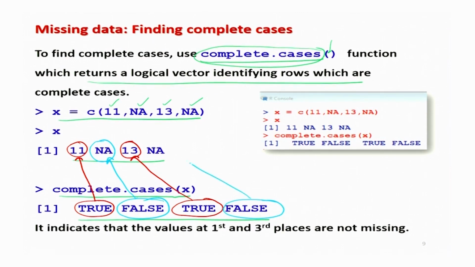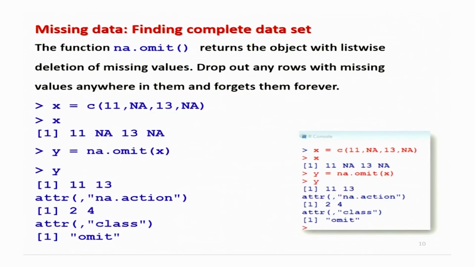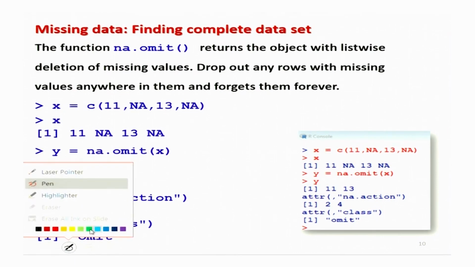This corresponds to the fourth value in the data vector x. So, this is indicating that the values at the first and third position are not missing, but available, and the values at the second and fourth position where the answer is FALSE, they are missing, right.